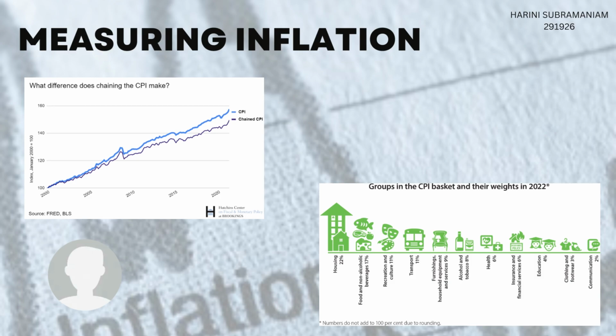The cost of this basket at a given time expressed relative to a base year is the Consumer Price Index, which is CPI, and the percentage change in the CPI over a certain period is consumer price inflation, the most widely used measure of inflation.